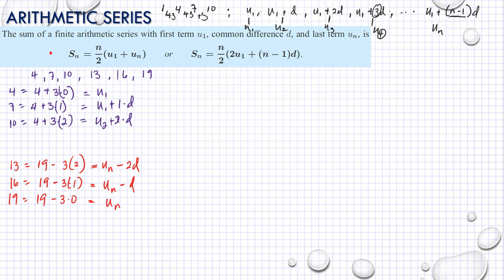To generalize more, this one can be written as u sub 1 plus 2 minus 1 times the difference, u sub 1 plus 3 minus 1 times the difference. Here, you can write this. Oh, sorry, it should be red.